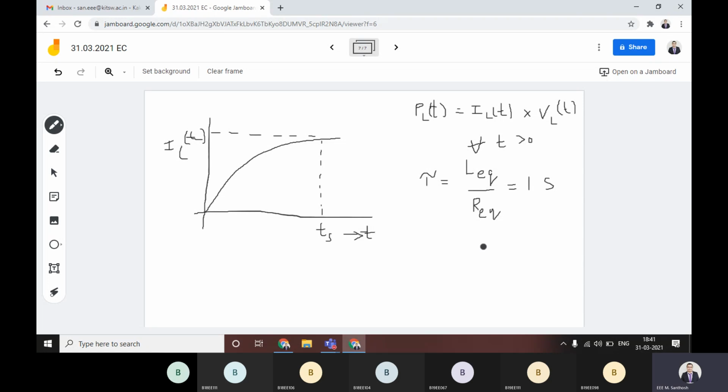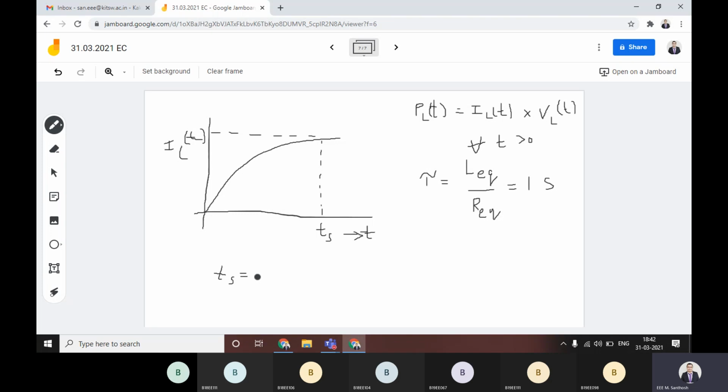Okay, then if they are asking settling time, how to calculate the value of settling time? Can anyone tell us the definition for settling time? At some time, IL will be constant.